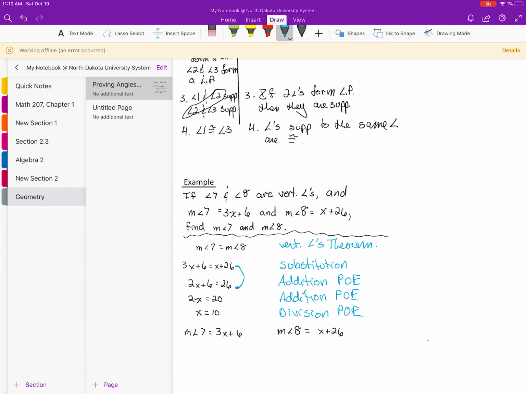And then from there, we can say that measure of angle 7 equals 3 times 10, because you're not done. We found x, but what we're asking for up here is the measure of angle 7 and measure of angle 8. So we get 3 times 10 plus 6. The measure of angle 7 is 36 degrees, and the measure of angle 8 is 36.